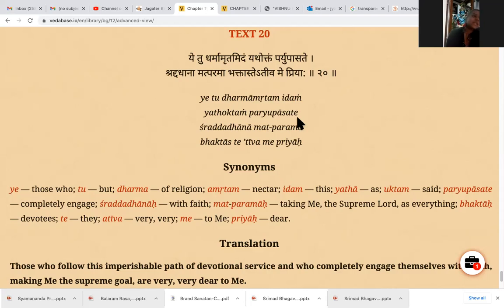Bhakta steetiva me priyaha. So bhakta indicates the devotees, te meaning they. So such devotees. When you say the last few words together, it sounds like bhakta setiva me priyaha, but it is actually ativa.